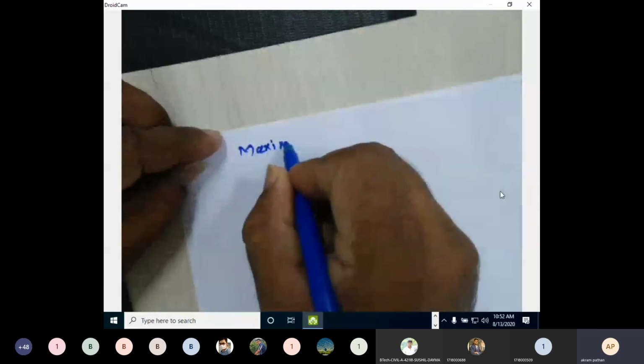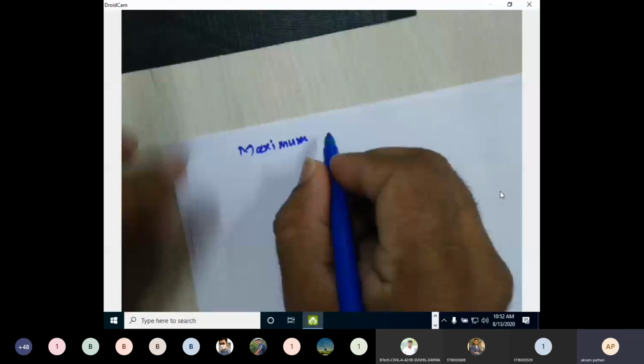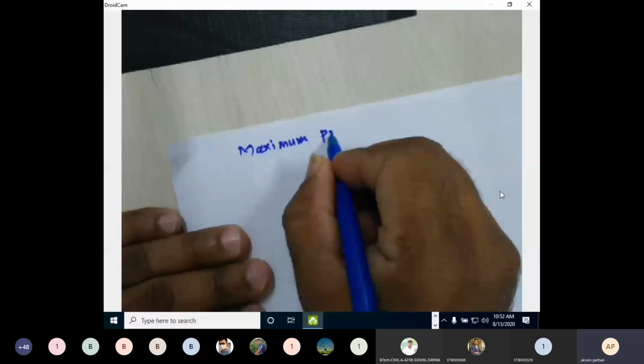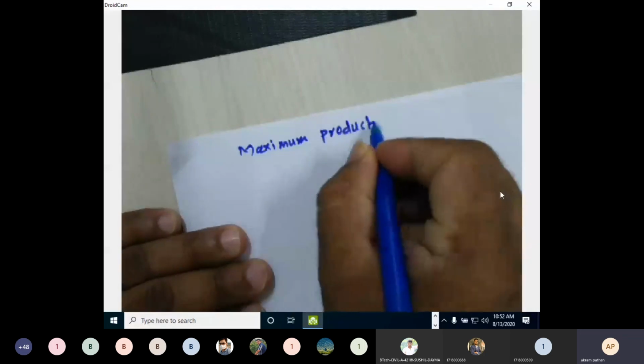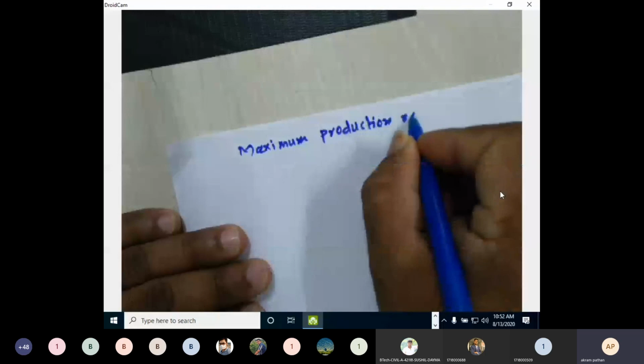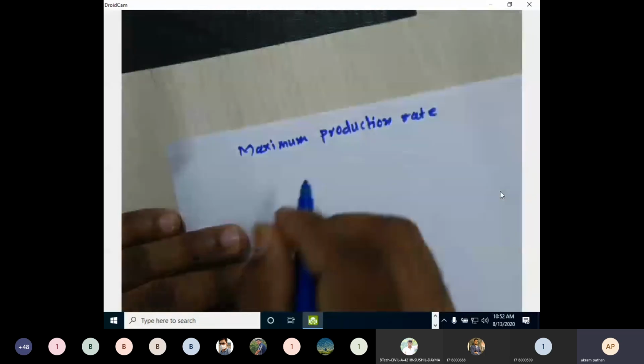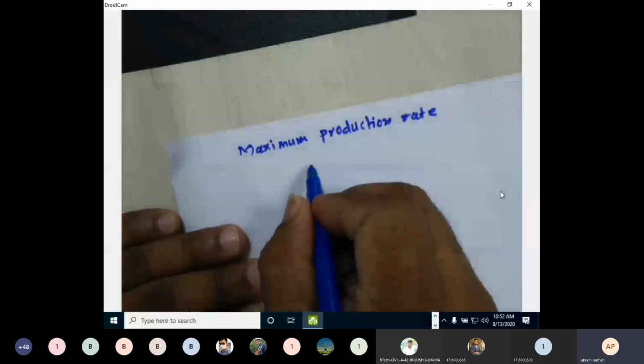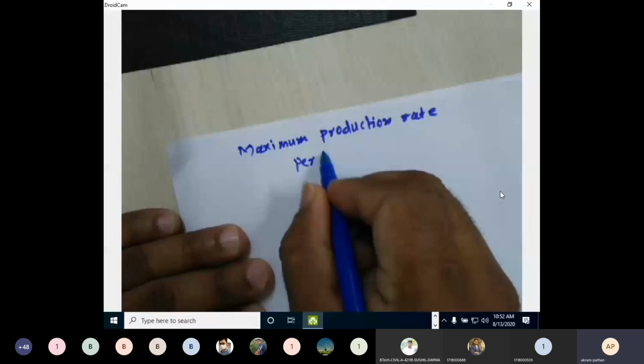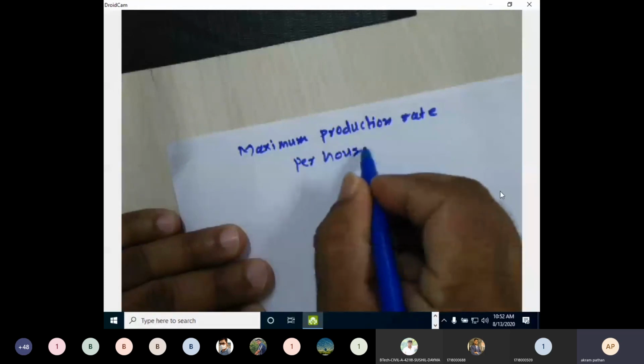see here, the maximum production rate per hour. We have to calculate the maximum production rate per hour, right?